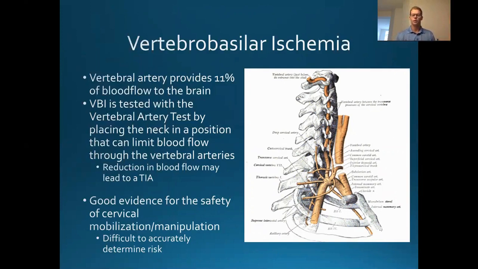But knowing that we do have a test that actually is not the best test, we still need to understand why it's important to look at the vertebral artery, because this is a red flag sign or symptom that someone could have more serious pathology. What's nice is that despite VBI concerns, there is still good evidence overall for safe mobilization and manipulation in the cervical spine, as long as we are doing a thorough clinical exam.